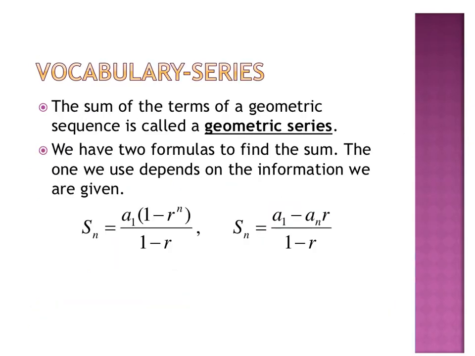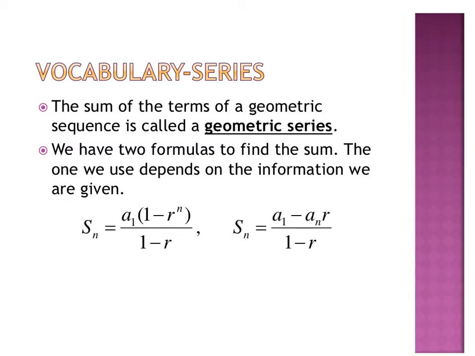So the difference between the sequence and the series is we are adding them up with the series, right? We're adding up all the terms of the sequence. We have two equations that we get to use. One of them is if I know n, and the other one is if I know an. And it allows us to use the equation we just did less often to find missing information.